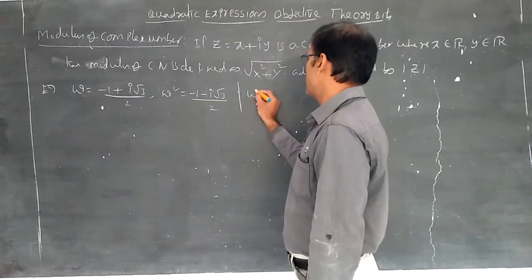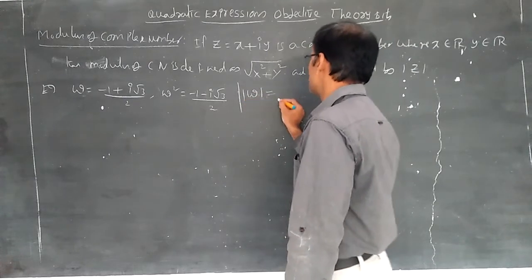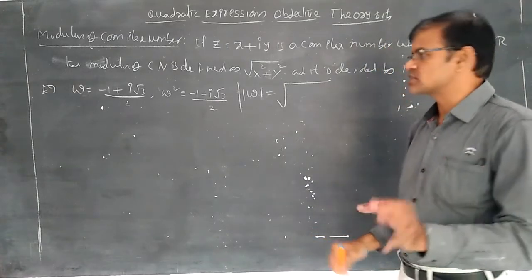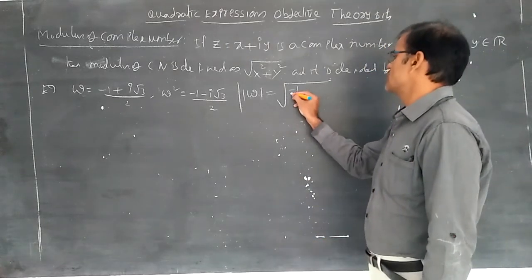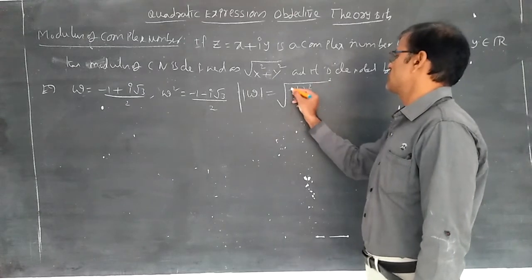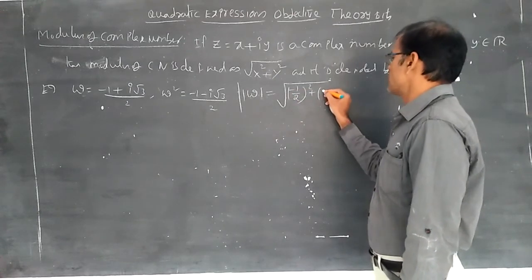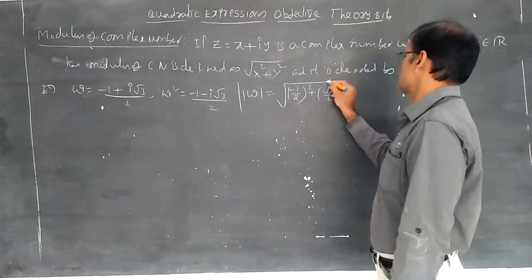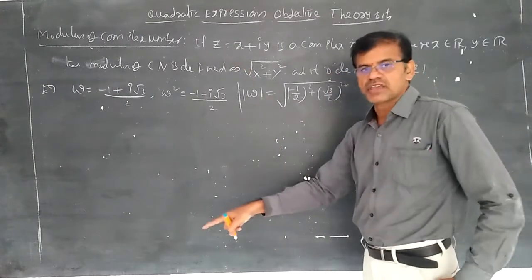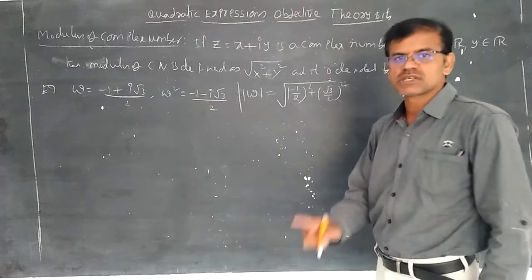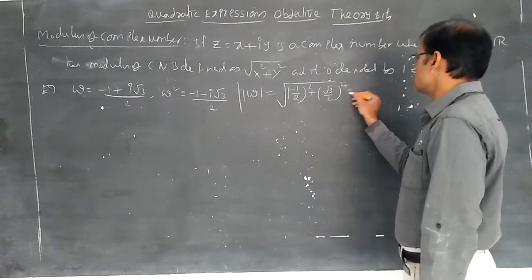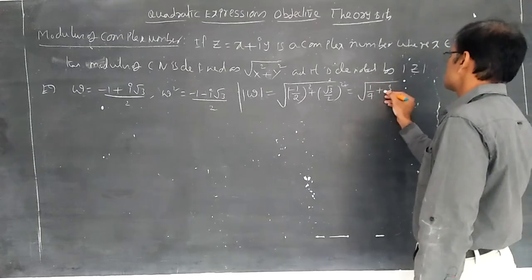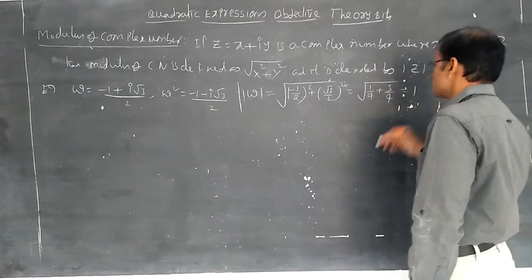Now, modulus of omega means root of real part square plus imaginary part square. Here the real part is -1/2 whole square plus the imaginary part √3/2 whole square. You should not consider i, only the coefficient. Then 1/4 + 3/4 becomes 1.